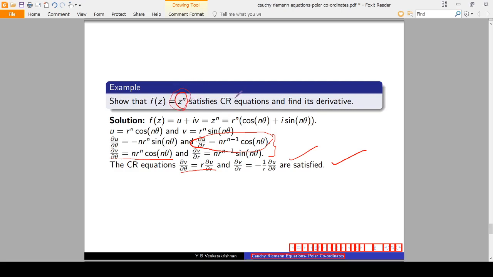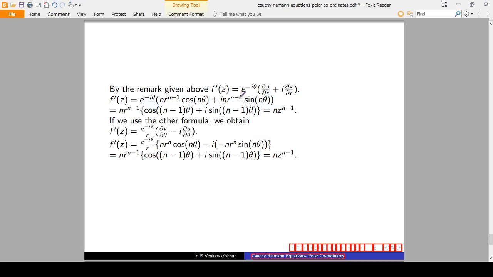If it is analytic, then I can find the derivative using the formula f dash of z equal to e power minus i theta into (∂u/∂r plus i ∂v/∂r). I substitute the values of ∂u/∂r and ∂v/∂r and simplify, and I get n z power n minus 1.